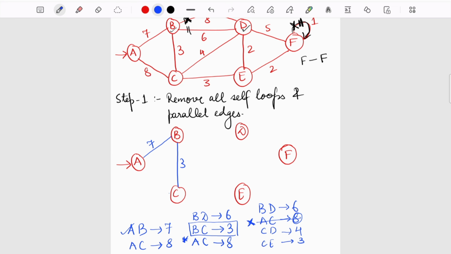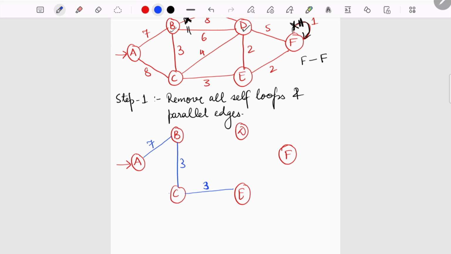Now which is the edge with the smallest weight? It is CE. So I select CE with the smallest edge weight. Now I'm just erasing these. Now what are my options? I cannot consider AC because of formation of a loop. So let's not consider it anymore.